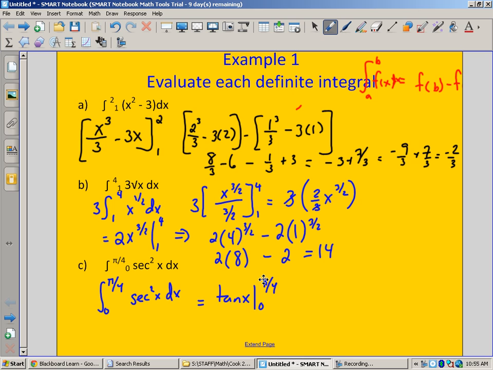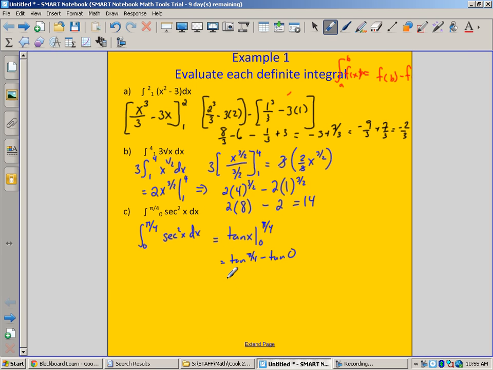So this will turn into tangent of pi over 4 minus tangent of 0. Tangent of pi over 4, I believe, is 1, and tangent of 0 is just 0. So my final answer is an area of 1. This is really what we're doing for these problems. This doesn't work for everything, but this is a start, and we'll talk more about it in class.